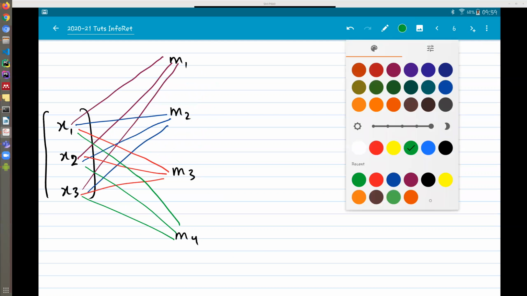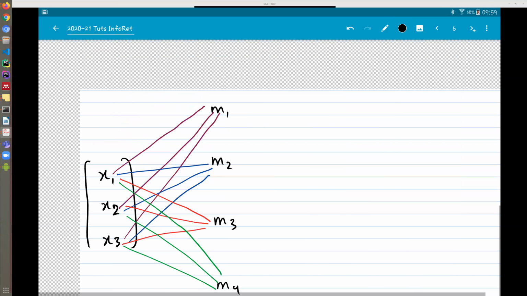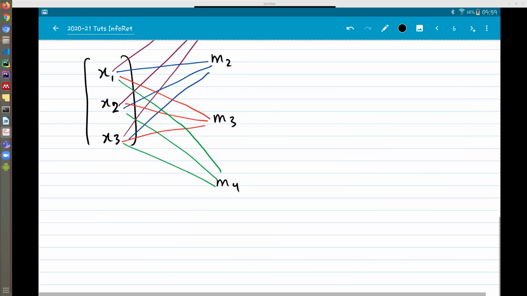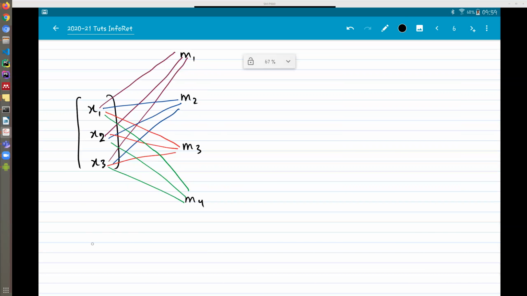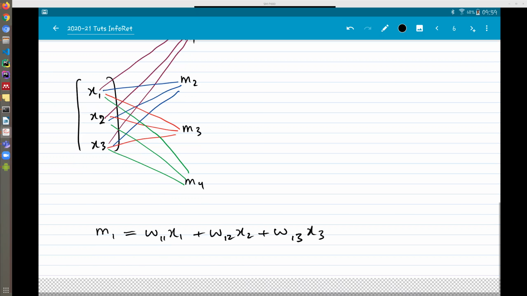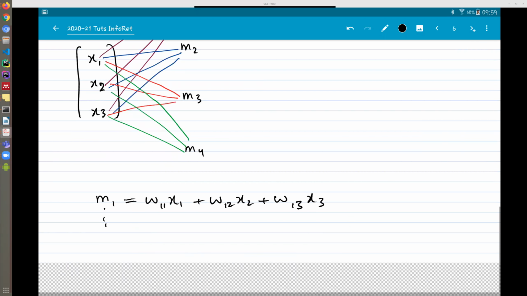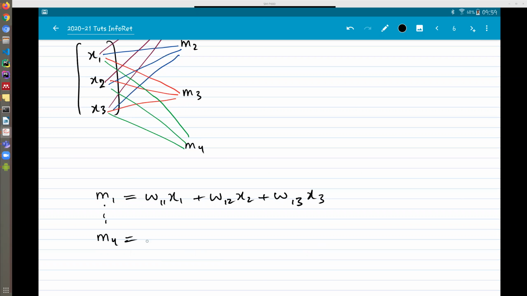So what this means is, let me define this right here. This m1 is equal to w11x1 plus w12x2 plus w13x3. Okay. Similarly, m4 is equal to w41x1 plus w42x2 plus w43x3.